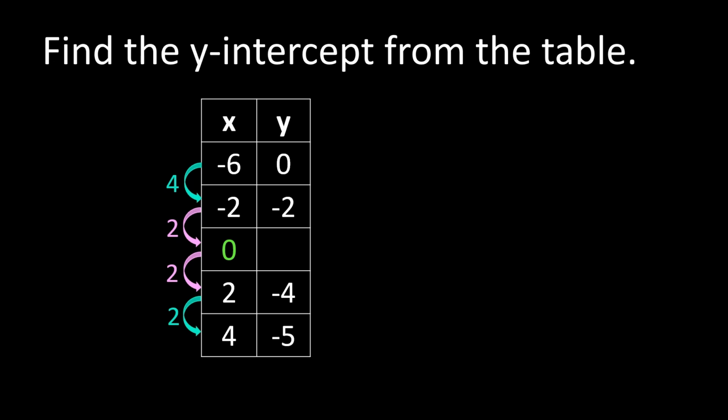If I look at the y values from the first point to the second point, I have values of 0 and -2, so that's a change of -2. From the second point to the third point, -2 to -4, I also have a change of y values of -2. However, from the third point to the fourth point, I only have a change of -1.